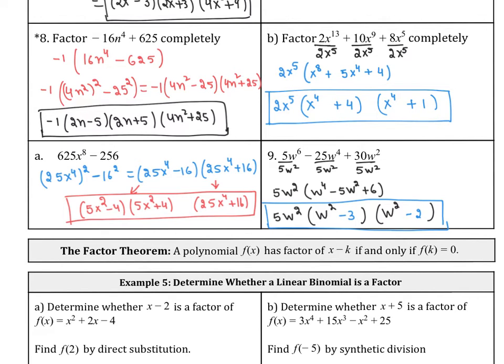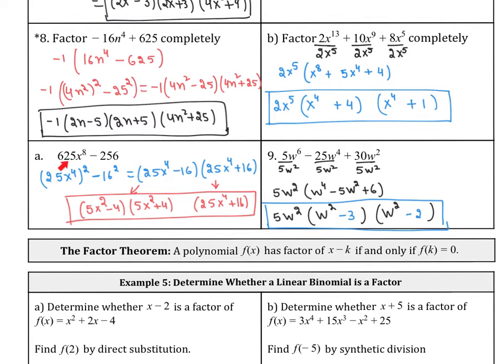For the next question, letter A and question number 9, they are also challenge problems. And for that, I'm going to change this expression as 25x to the power 4 times to the power 2. So x to the power 4 times 2 would be x to the power 8, and 25 squared would be 625.